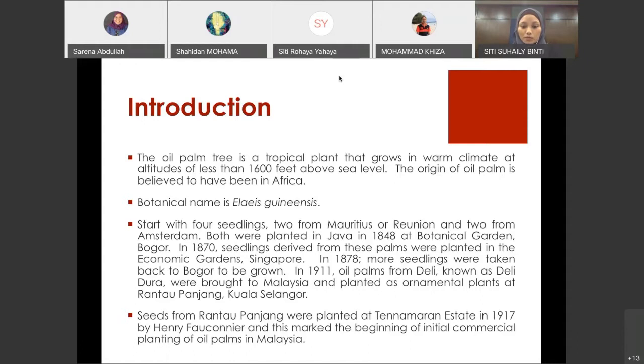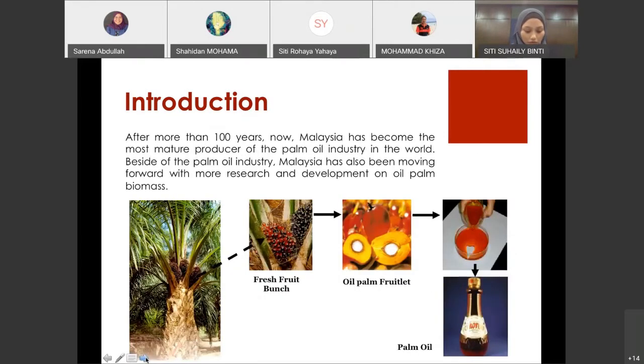However, after over 50 years, the industry was still not really aggressive, still below our government's expectations. So there was a lot of research and development during those 50 years. After more than 100 years, Malaysia has now become the most matured producer of the palm oil industry in the world.